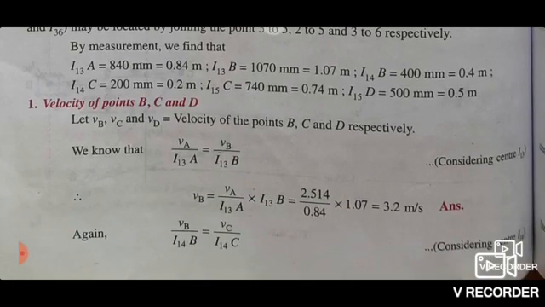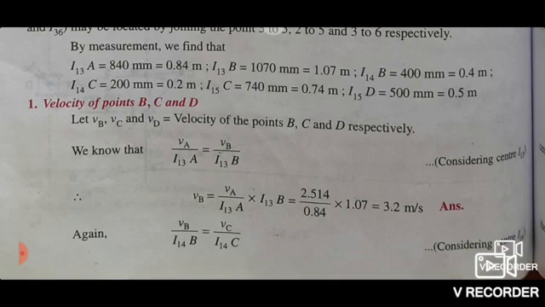I13B is 1070 mm, that is 1.07 meter. I14B is 400 mm, 0.4 meter. I14C is 200 mm, that is 0.2 meter. I15C is 740 mm, that is 0.74 meter. I15D is 500 mm, 0.5 meter.